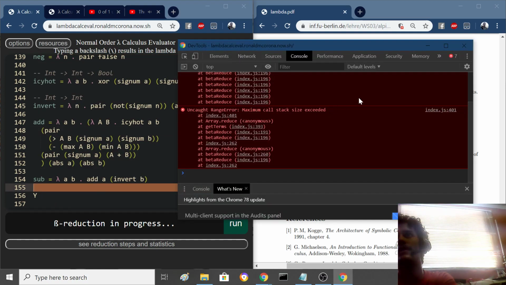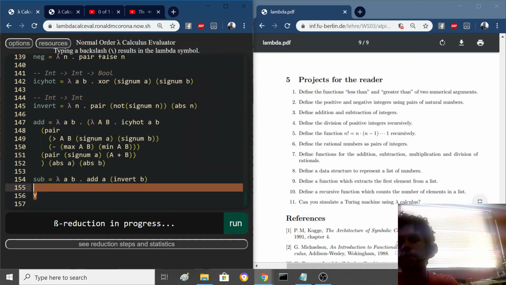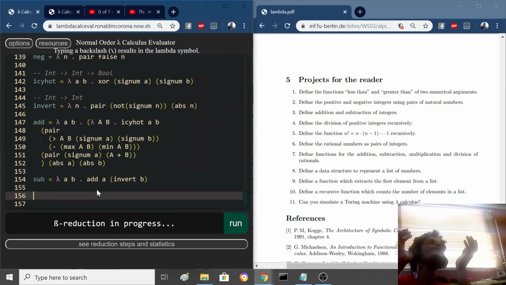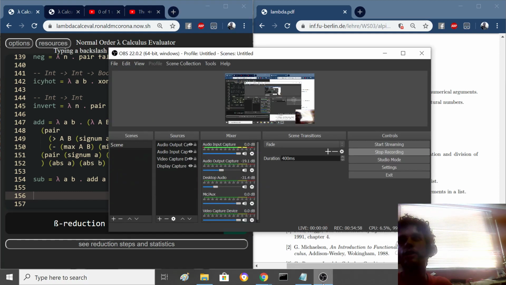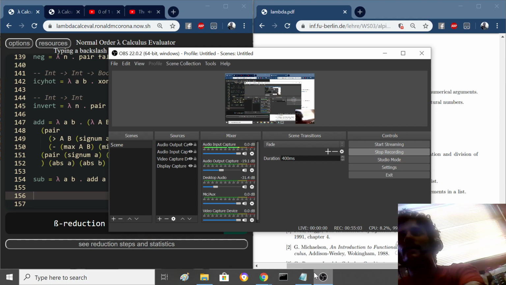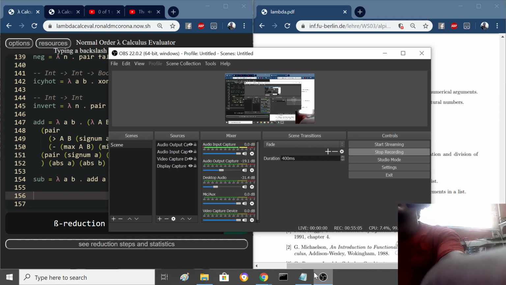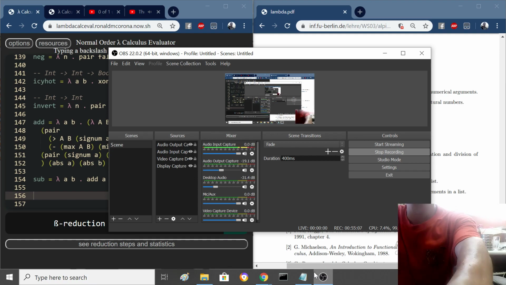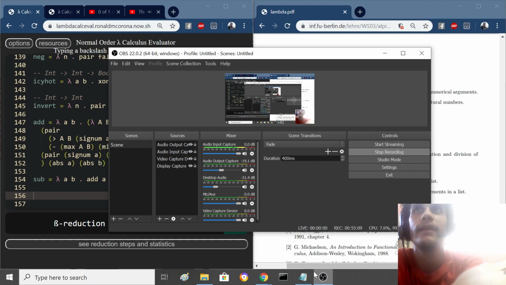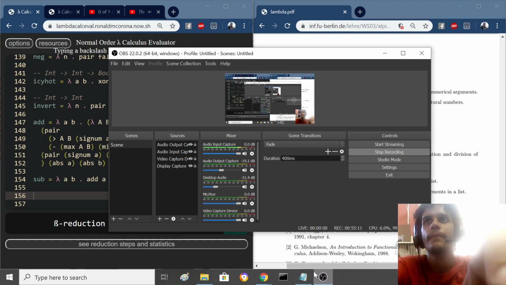Look, maximum call stack size exceeded because it's a divergent term, which is even more weird. And the fact that we're going to be using this in a useful way is very weird as well. So hopefully you find this intriguing and not boring or anything. Okay.